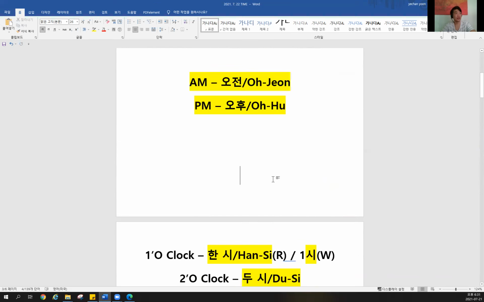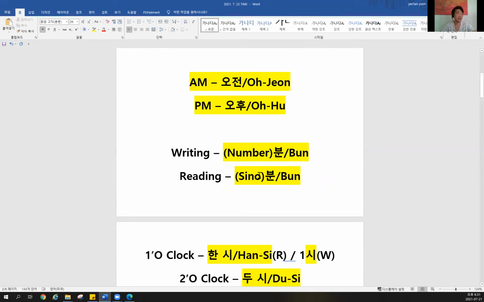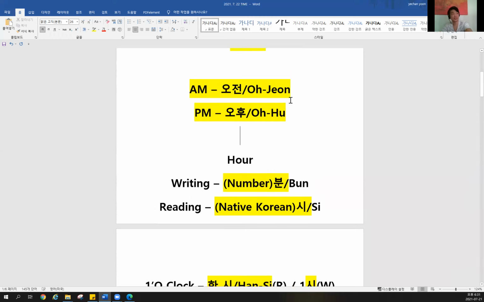For the hour, reading is what? Native Korean. Just like this. Okay? And this is going to be changed to 시. This is how you read the hour. Okay? It's not that difficult.